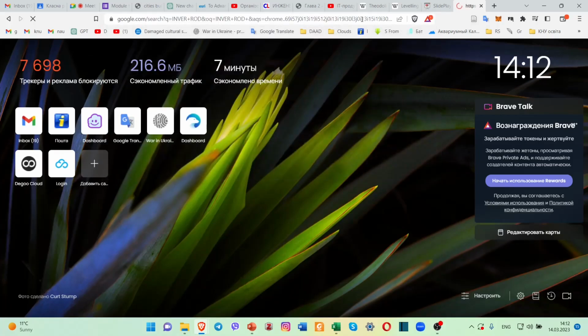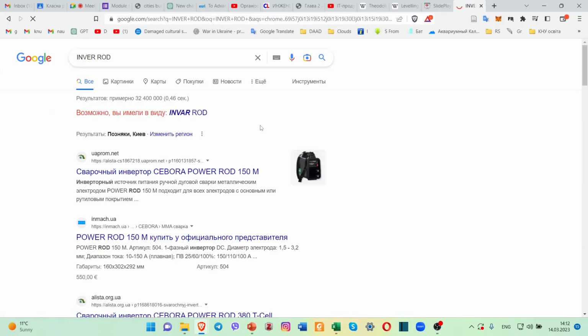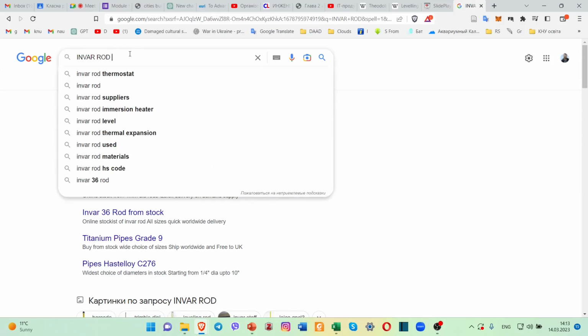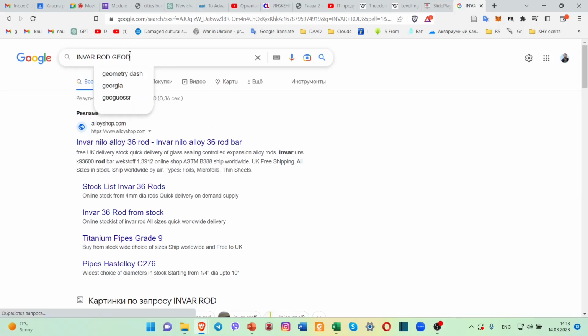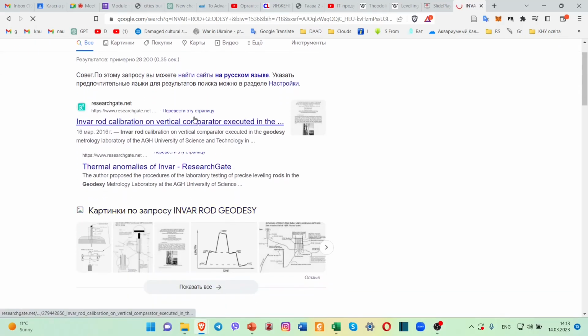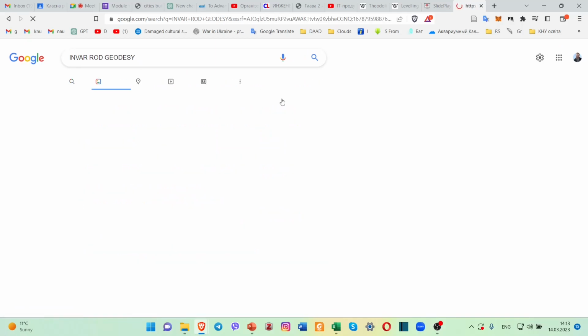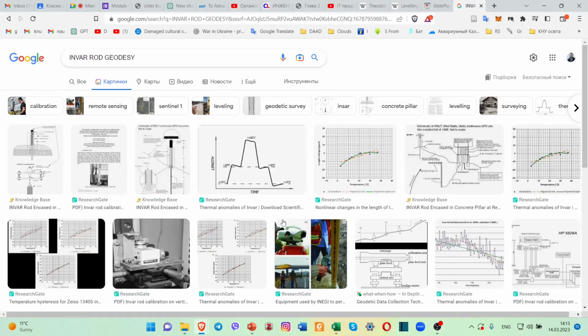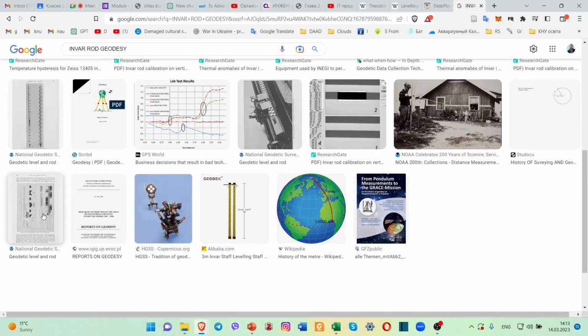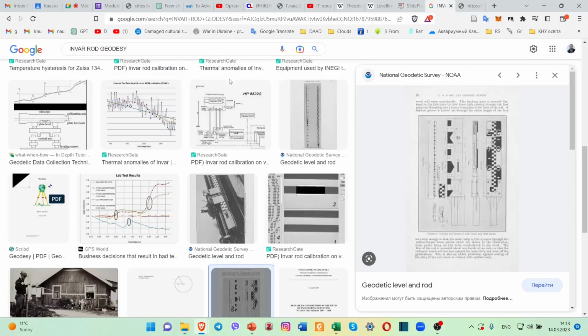It is not very cheap. Invar rod for geodesy. Here you can see examples of this Invar rod.